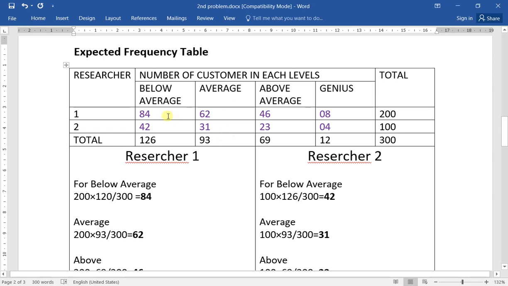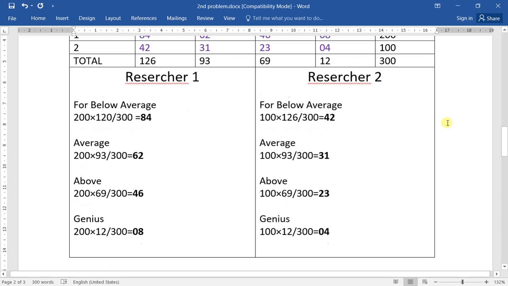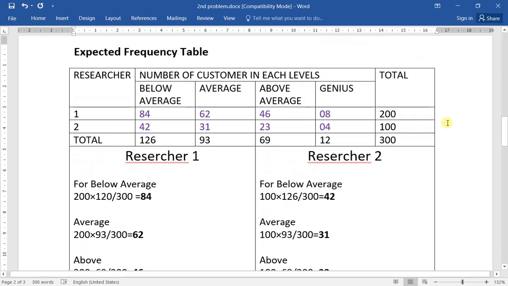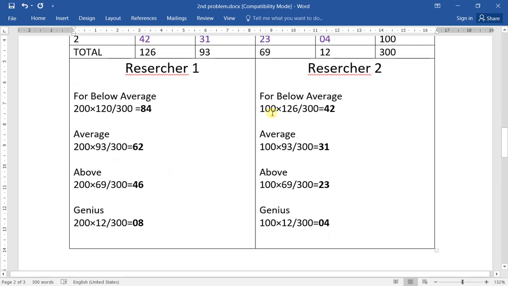Sometimes you might have 4 rows and 4 columns, and there is a chance that you might get confused and take observed values in row terms and expected values in column terms. Then the entire problem will be wrong, a wrong solution.